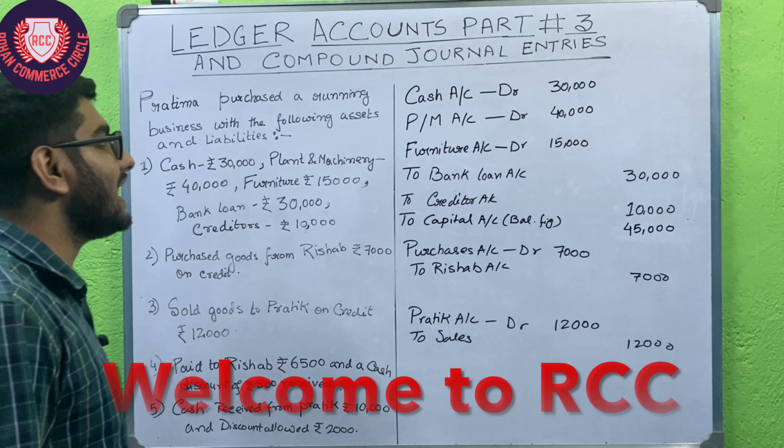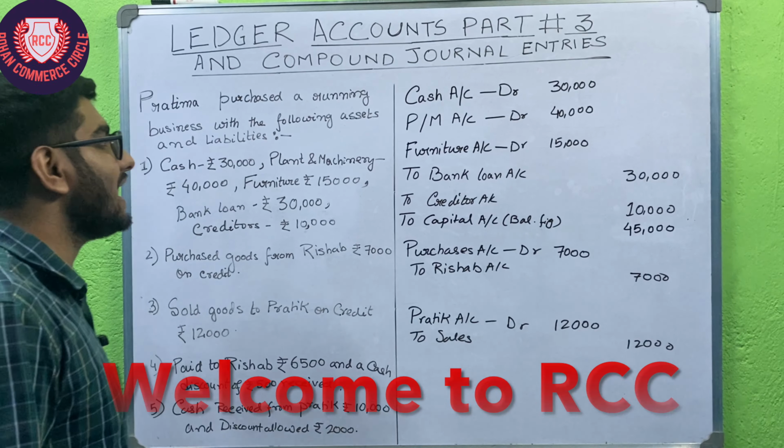So now just see the debit. If you are totaling it, it will be 85,000, right students? Just see it: 30 plus 40 plus 15, if you are adding it, it will be 85,000, and if you are adding the bank loan and creditor, it will be just 40,000. Now the balancing figure will be rupees 45,000.